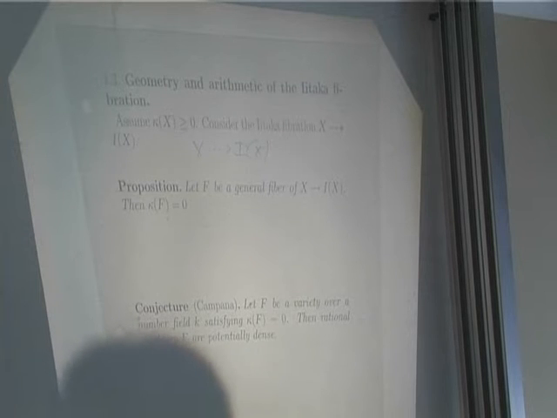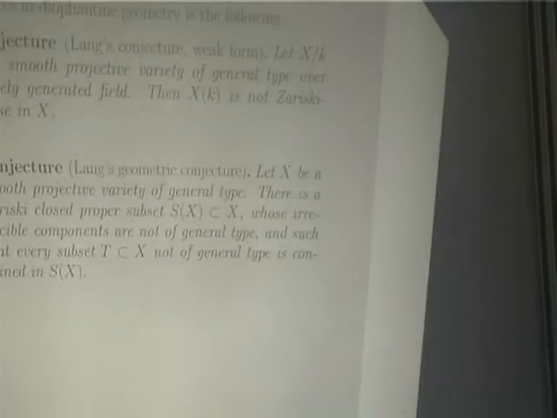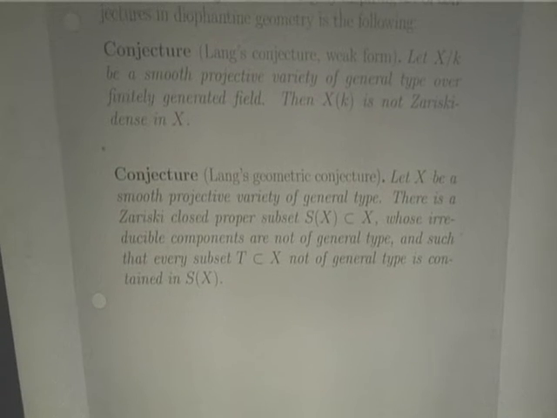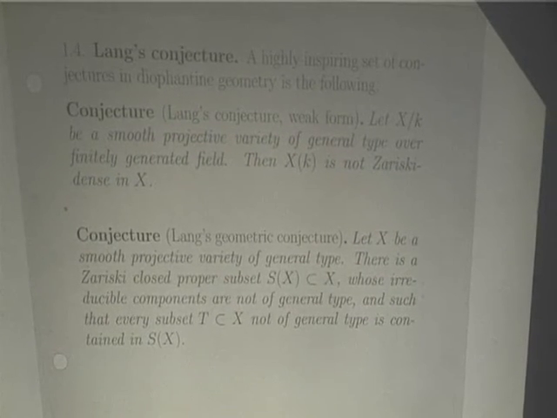So let's look at the other extreme. Those varieties that are in the zoo, that are the analog of curves of genus bigger than 1. And here we have a very inspiring conjecture, which is Lang's conjecture in weak form. Suppose X over a number field is a smooth projective variety.